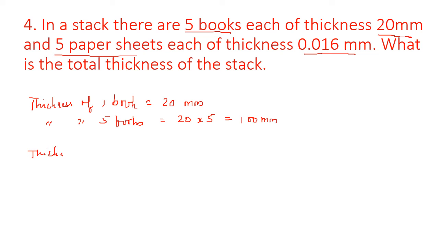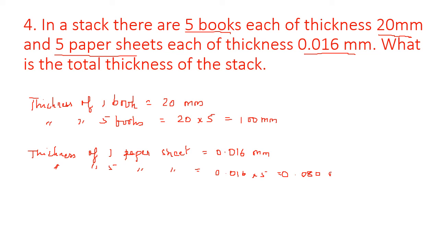Thickness of one paper sheet equal to 0.016 millimeter. Therefore, the thickness of 5 paper sheets equals 0.016 into 5, equal to 0.080 millimeter. Now we have to see what is the total thickness of the stack.